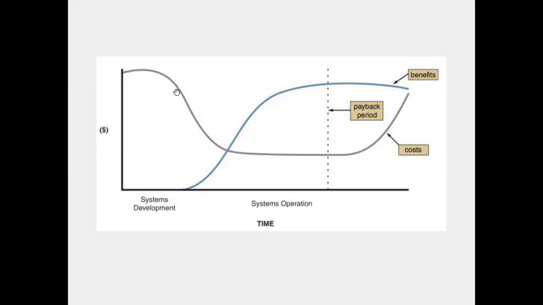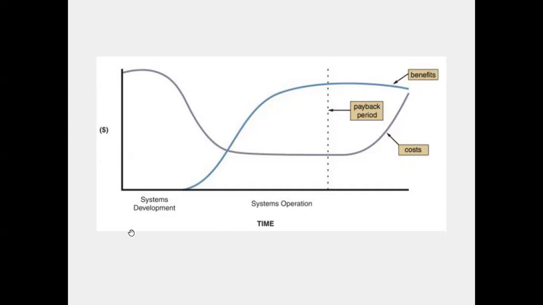The reason for the decline is that once you finish the development, there will be bug fixing and so on. You have to spend some money, but once you are done with the bugs, it will be just maintaining the information system, which is constant. And after some time, any system has a lifetime where it will start giving errors and so on. That's why it rises like this.